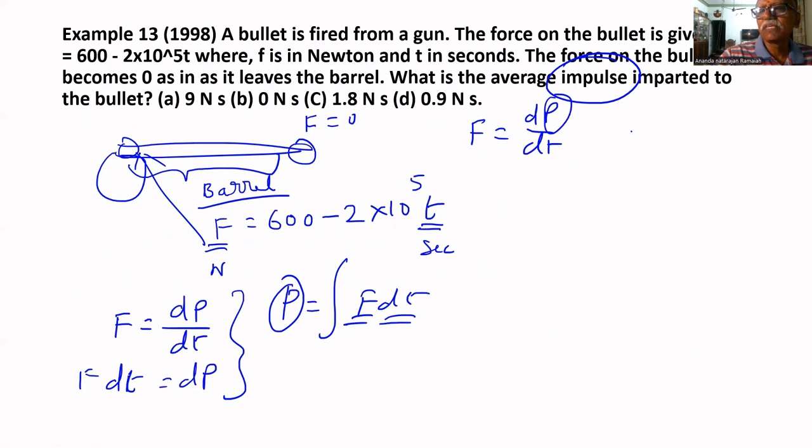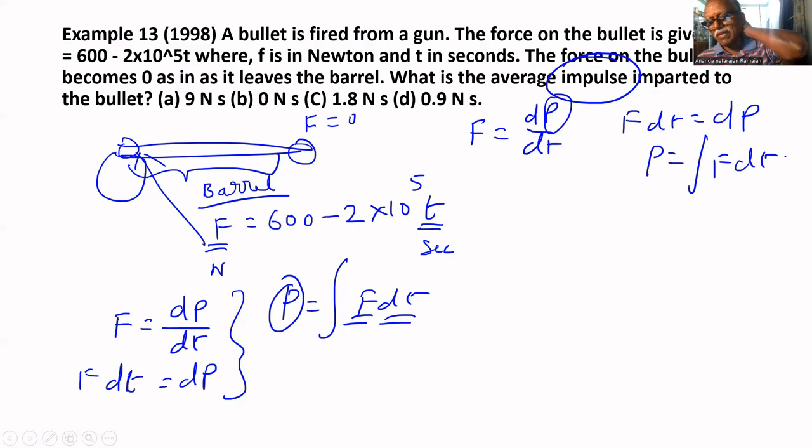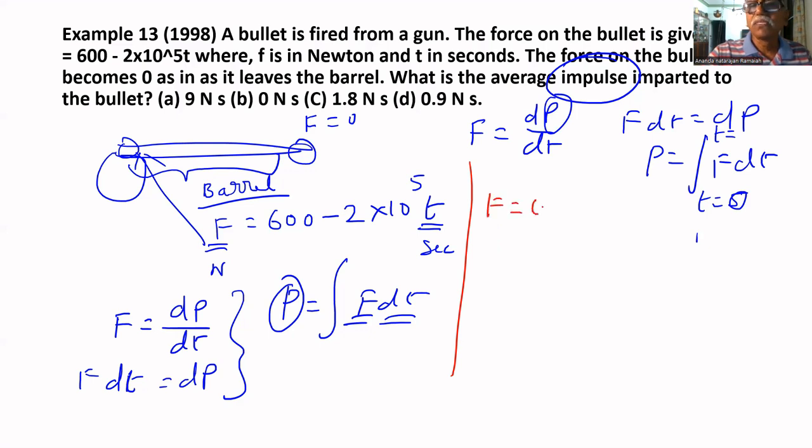Multiply on both sides by dt, you will get F dt equal to dP, or P equal to integral of F dt. But for an integral we need limits. Initial time, t equal to 0 seconds. What is the final time, when it leaves the barrel? The equation for force is given, F equal to 600 minus 2 into 10 power 5 t.